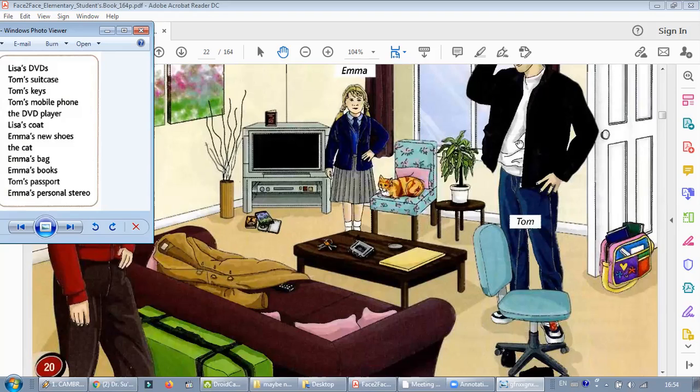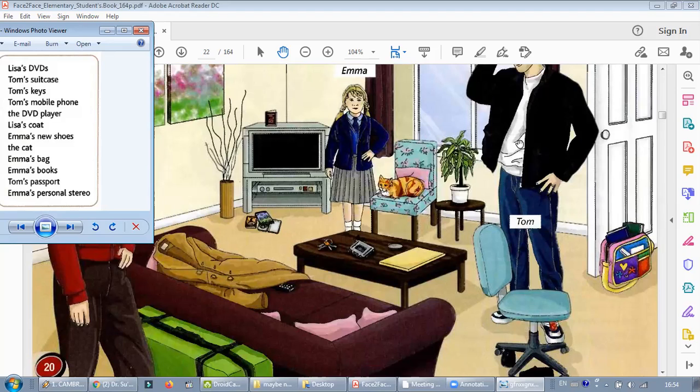What about Tom's passport, Manan? Where's Tom's passport? Tom's passport is on the table TV. You mean on the TV? Yes, on the table TV. You can say table or you can say TV, one of them.